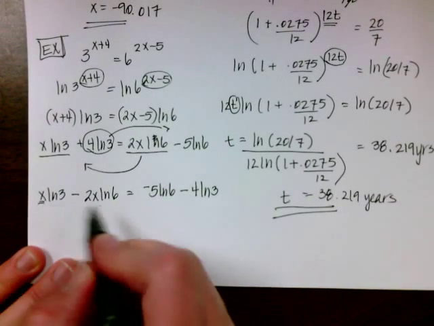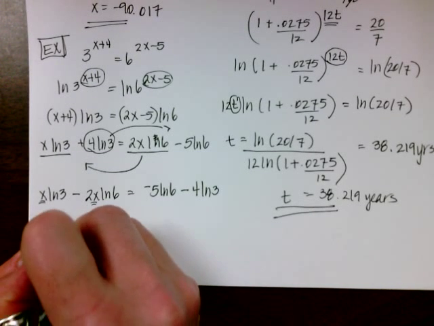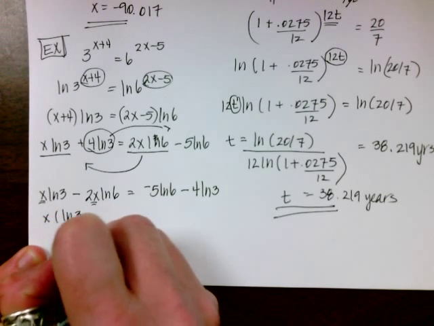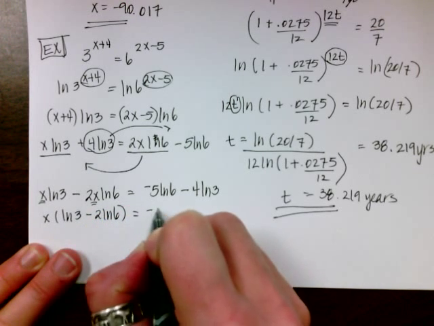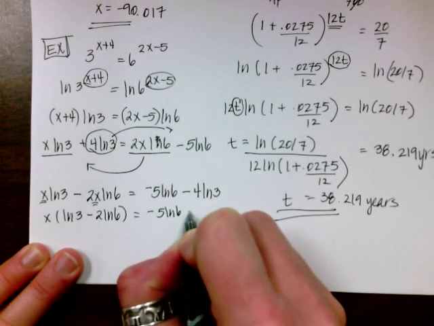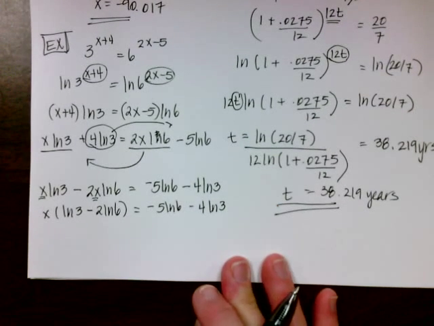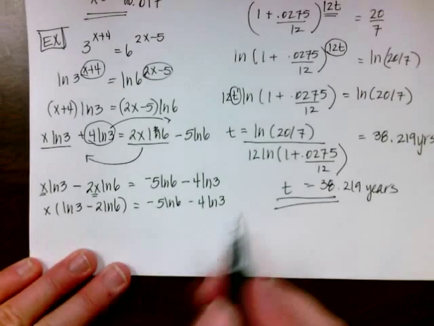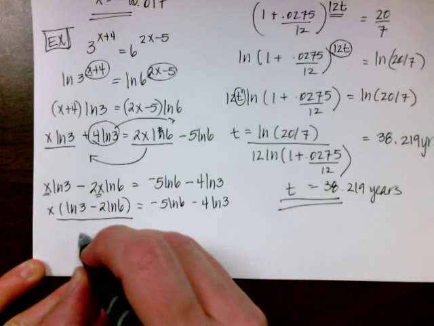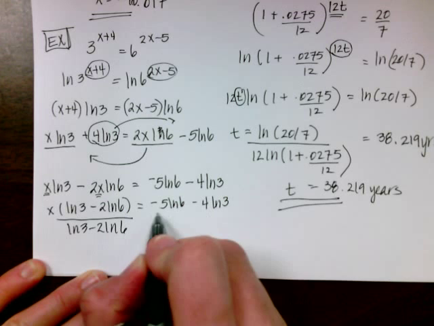So now if you'll notice, these two guys both have an x in common. So I'm going to factor it out, and I get the natural log of 3 minus 2 natural log 6 is equal to a negative 5 natural log 6 minus 4 natural log 3. And notice again, I'm not going to use my calculator until I get to the very end. So now I'm going to divide both sides by the natural log of 3 minus 2 natural log 6.